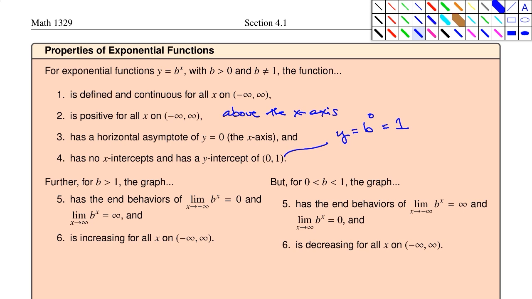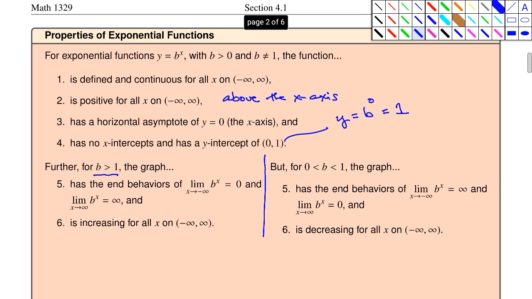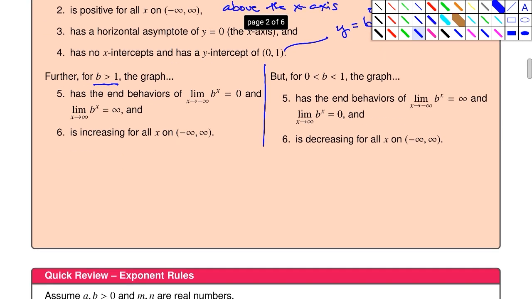Now for properties 5 and 6, this is where it depends on what the value of b is. If b is greater than 1, that's sort of the break point for all this, then we have end behaviors. On the left side, as x goes to negative infinity, it approaches 0, the x-axis. And on the right side, it approaches infinity.